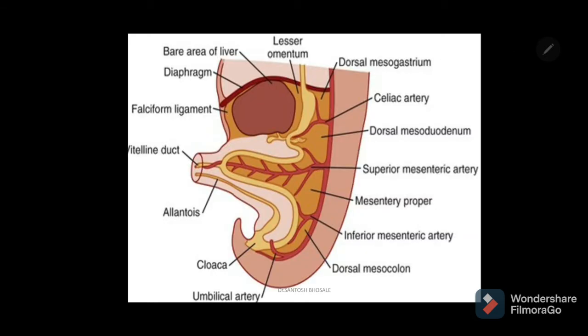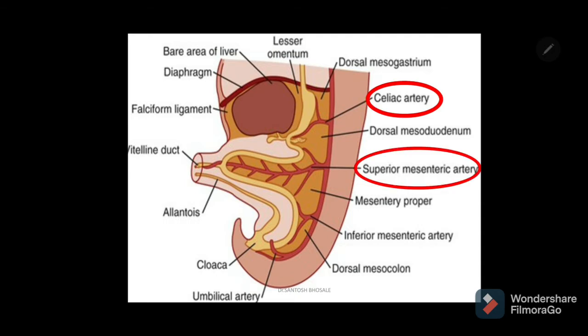You can notice the postpharyngeal part of the foregut is here till the second part of the duodenum, where the common bile duct opens. The remaining part from here to here is midgut, and from here to here it is hindgut. So each part of the gut tube has a different blood supply.